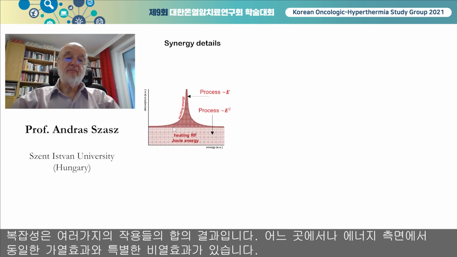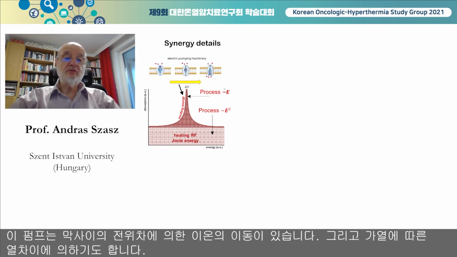So if we have a heating effect, which is energetically equal everywhere, and we have the exciting effect, which has a very special frequency peak somewhere, linearly with the E, then of course this one pumps the ions through the membrane channels, which depends on the change of the potential, and the heating, the other factor, pumps the thermal machinery, which depends on the temperature differences.